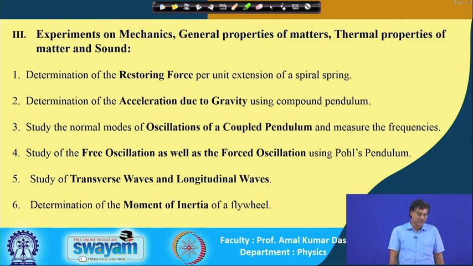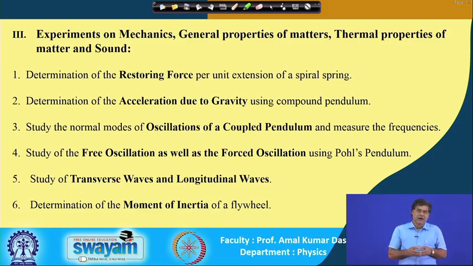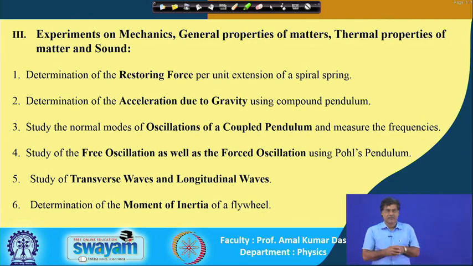This is one experiment on mechanics. You know the spring. A spring has a restoring force: if you extend or compress it, it wants to go back to its original position, the equilibrium position. How to measure the restoring force per unit extension? That experiment we will perform and demonstrate.